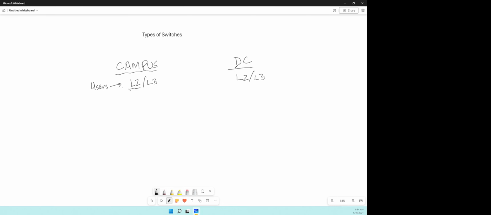And then from all of those layer 2, if I have to draw this real quickly, you've got layer 2 switches on each floor of the building, right? And you got multiple buildings like these, and they all aggregate on an L3 switch.